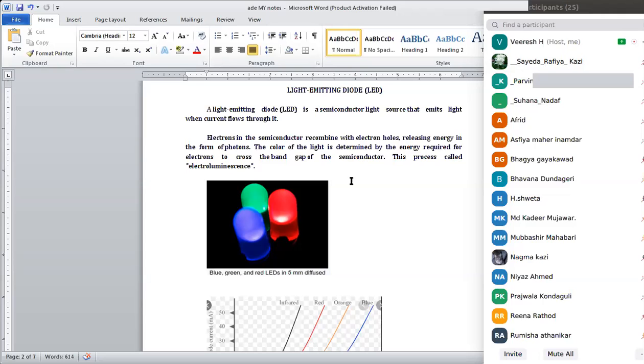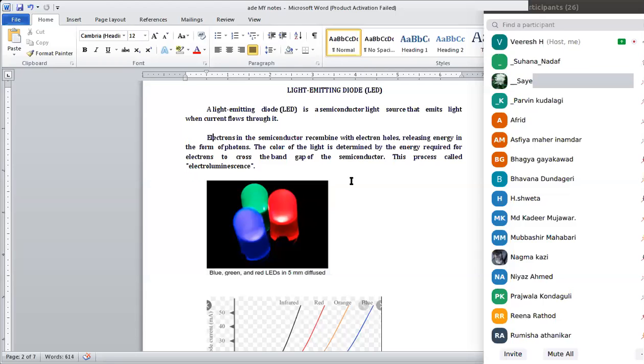If the voltage is very low, it emits a very low intensity light. If the voltage is 5 volts or somewhat more, the intensity of the light is increased.